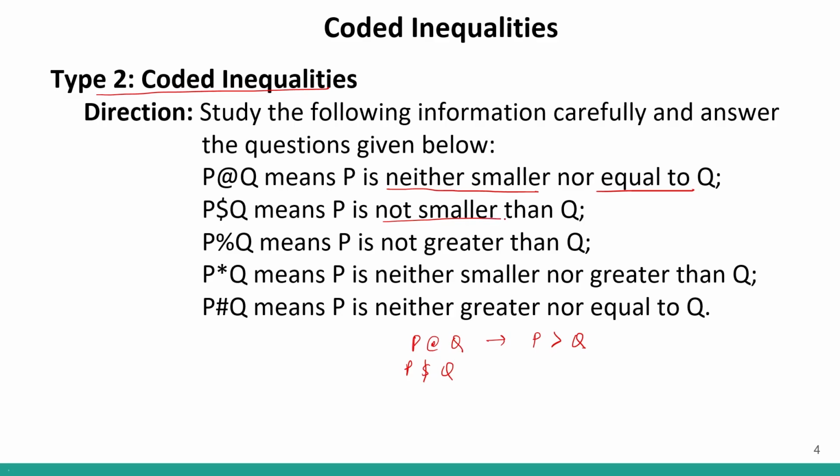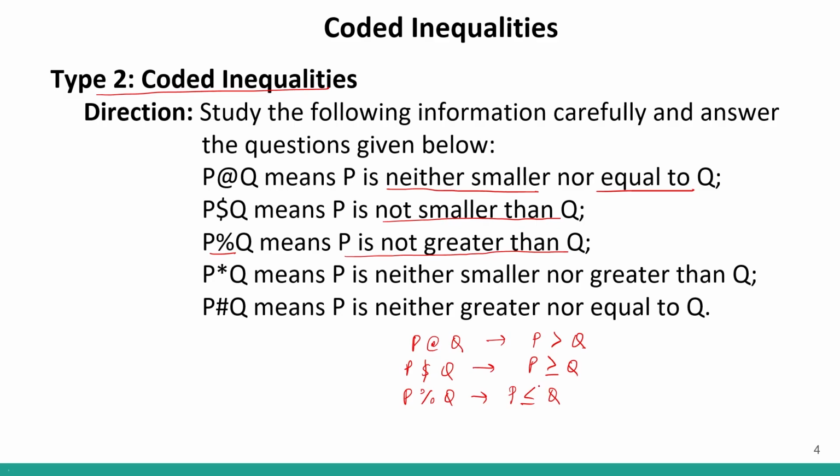P is not smaller. So if it is not smaller, it could be greater or equal. P percentage Q means P is not greater than Q. So if P is not greater than Q, it could be smaller or equal.